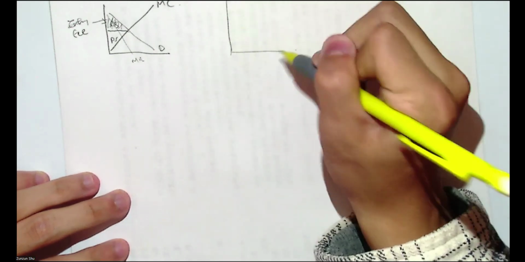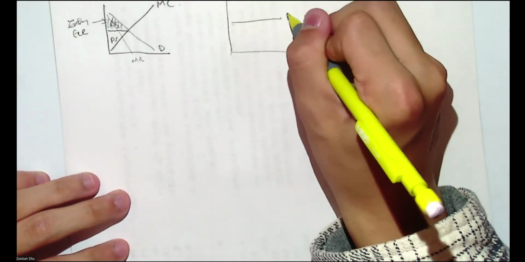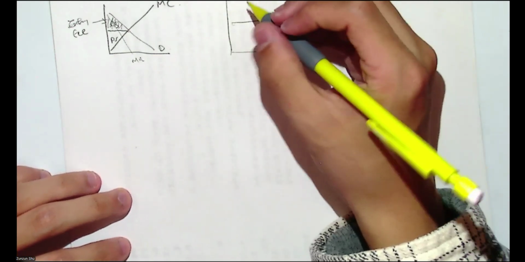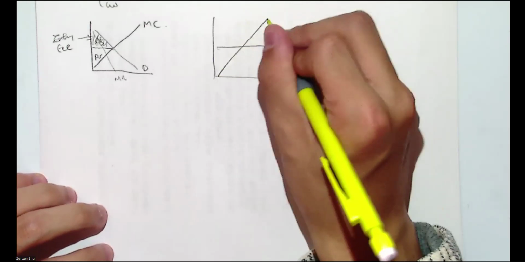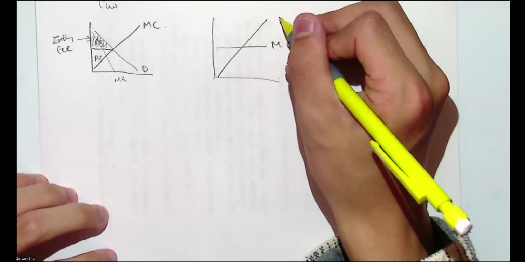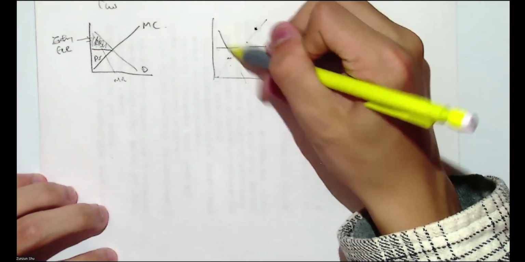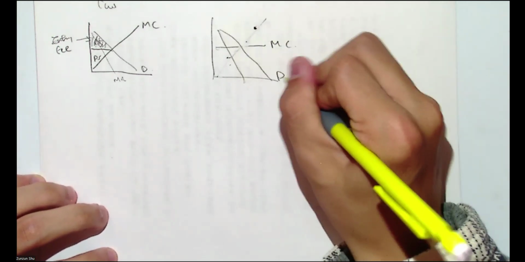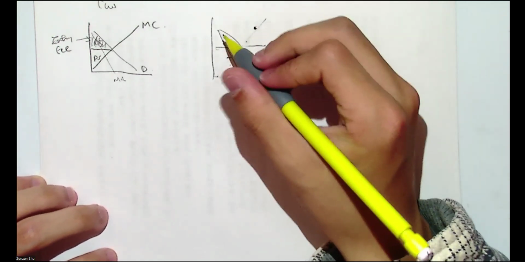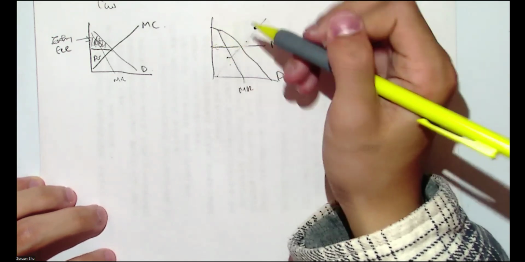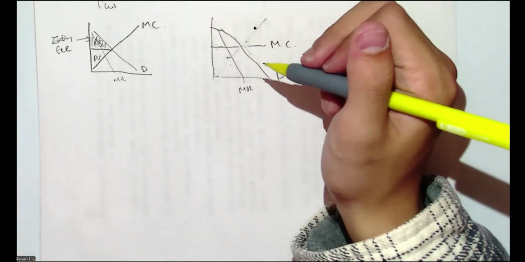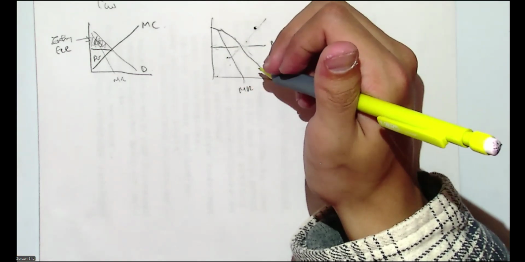But here, if we are to have an MC that looks like this, well, let's see. You don't even have this line. You have an MR, but again, MR doesn't matter, you have a demand curve. And so the question is, what would your producer surplus be originally?